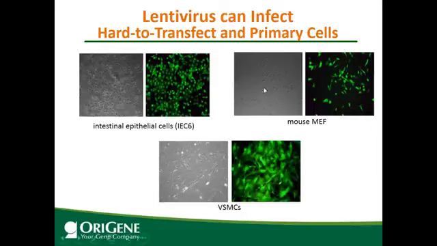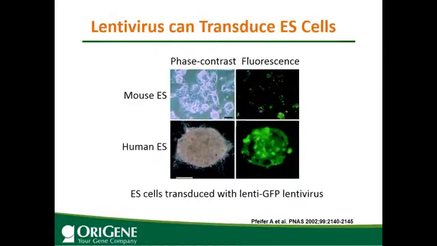So the gray pictures are phase contrast, showing the cells on the plate. And the green fluorescence pictures are the transduced cells. You can tell clearly that almost 100% of cells were infected, showing that lentivirus is a great gene delivery tool.